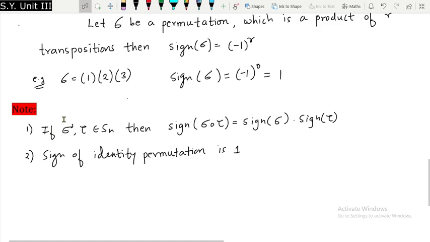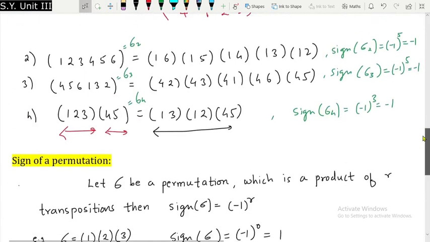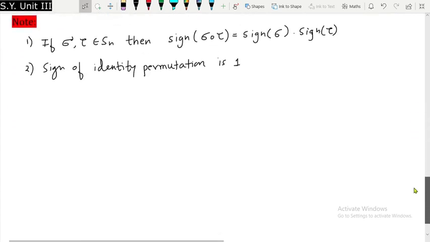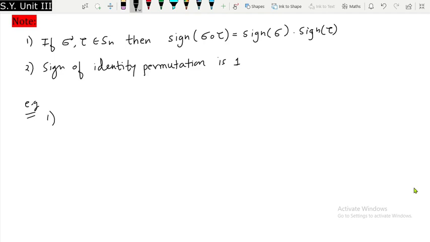Now this first note is also interesting. If you know the signs of sigma and tau, then definitely you can tell the sign of sigma composition tau. It is nothing but the sign of sigma multiplied by the sign of tau. Let us go for the example, then you will understand. Suppose I take my sigma to be, let me say, 1 2 3, and my tau to be 1 2.